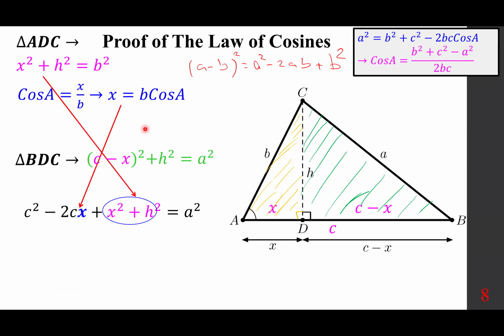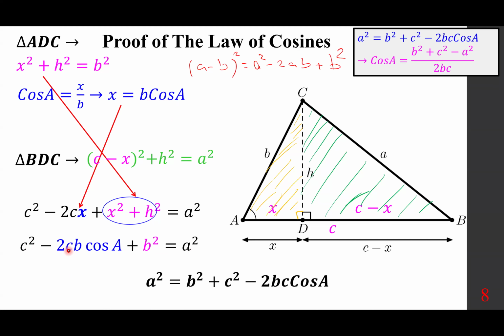And notice x, we can say b cosine A. So we are going to change the x to b cosine A, and we're going to replace the x squared plus h squared with b squared. Clear? So a squared is b squared plus c squared minus 2bc cosine A.